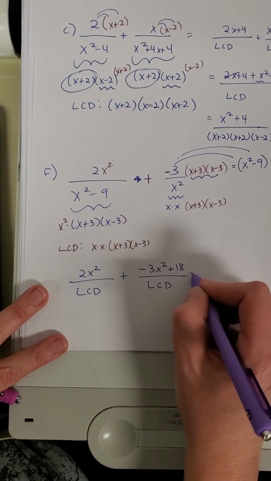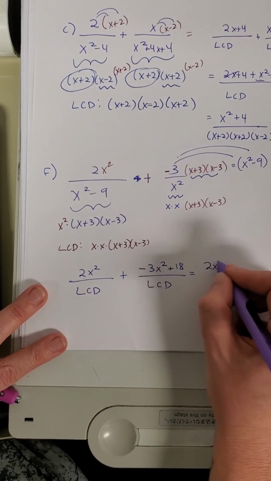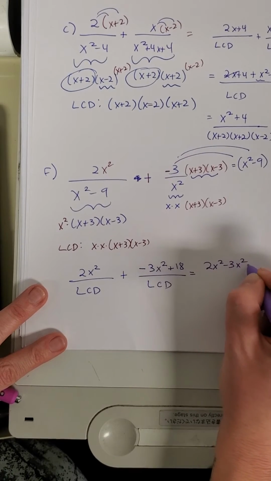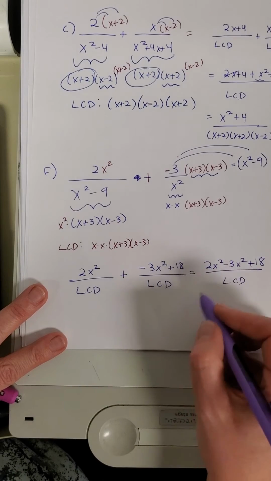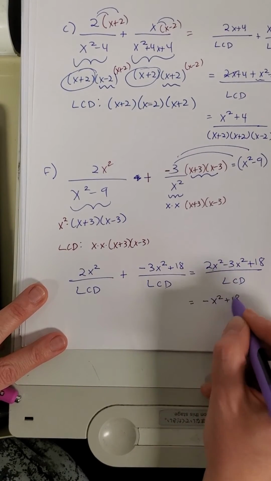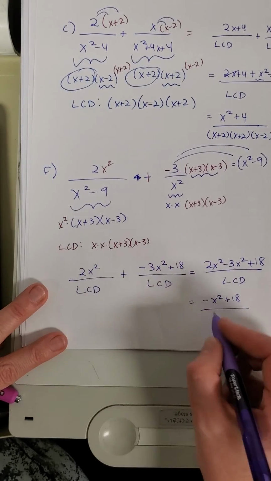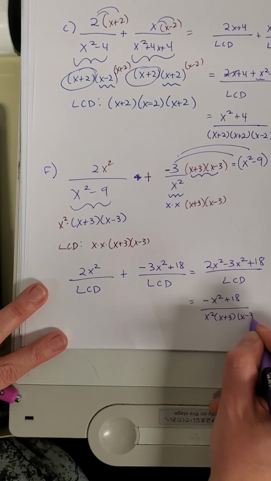Now that we have the same denominator, we can write this in one fraction. So 2x squared minus 3x squared plus 18 all over the LCD. Combine like terms. That's negative x squared plus 18 over x squared, x plus 3, x minus 3.